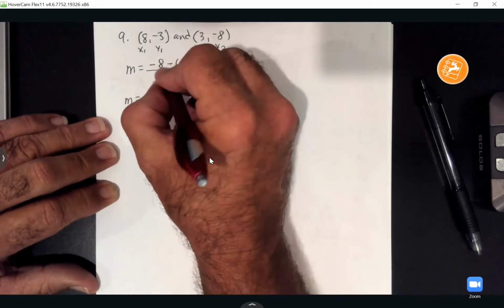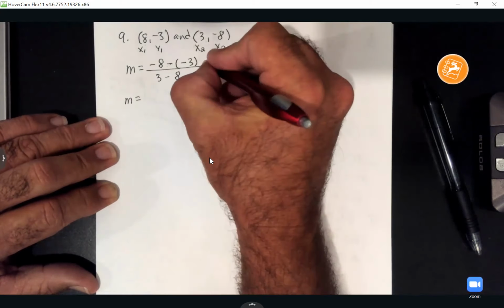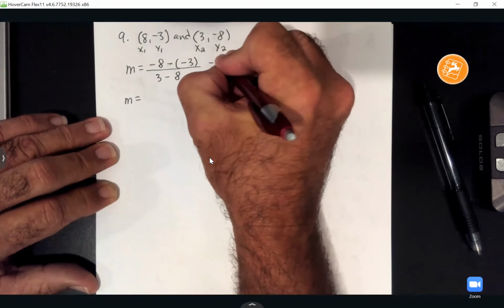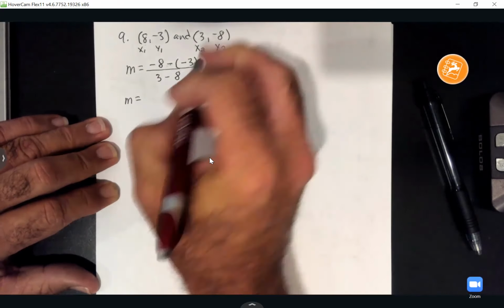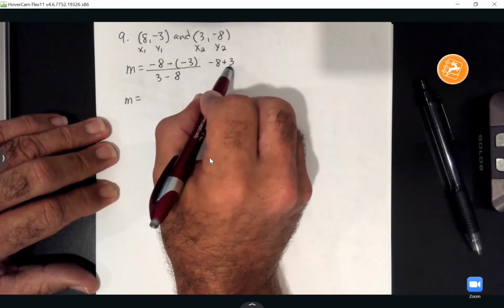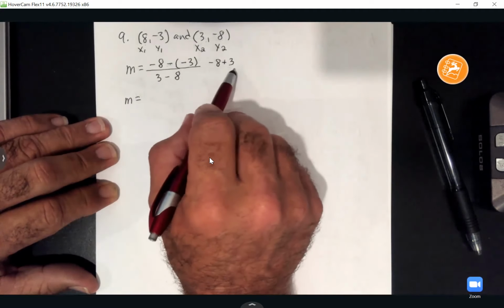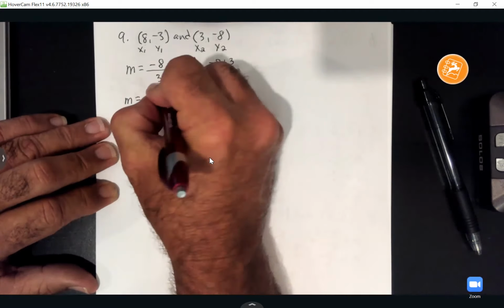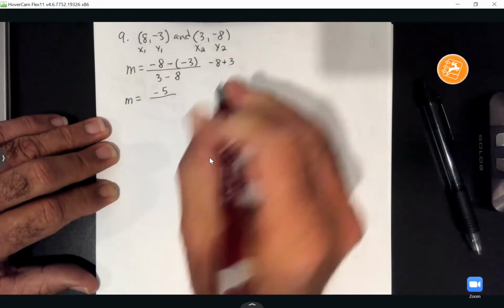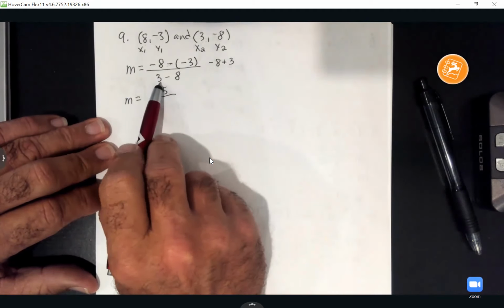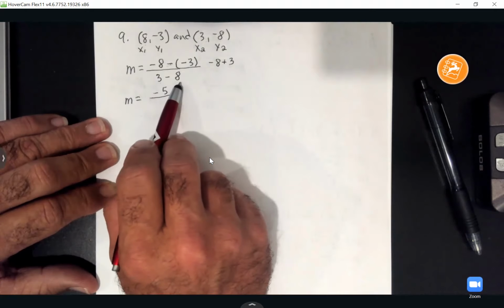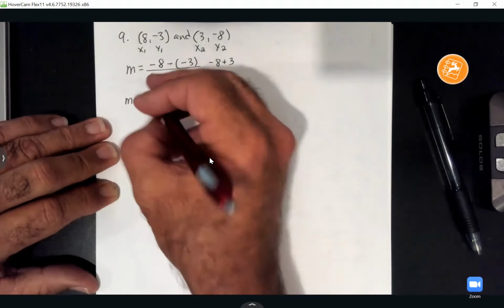So remember, negative 8 minus a negative 3, that's like negative 8 plus 3. Two negatives will make a positive. So let's see what we get. Negative 8 plus 3 on the top will give me a negative 5. 3 minus 8 on the bottom gives me a negative 5.